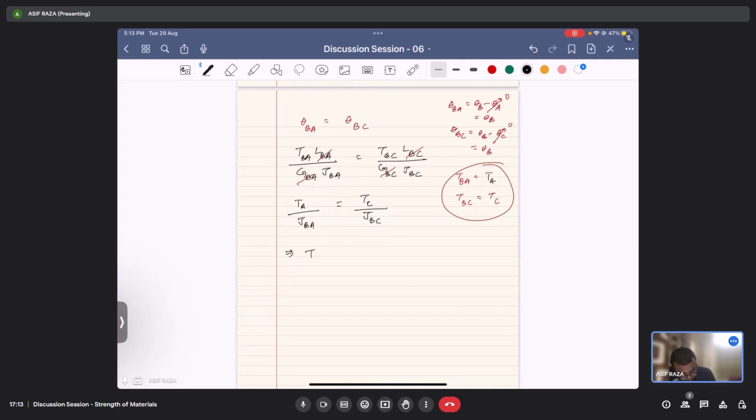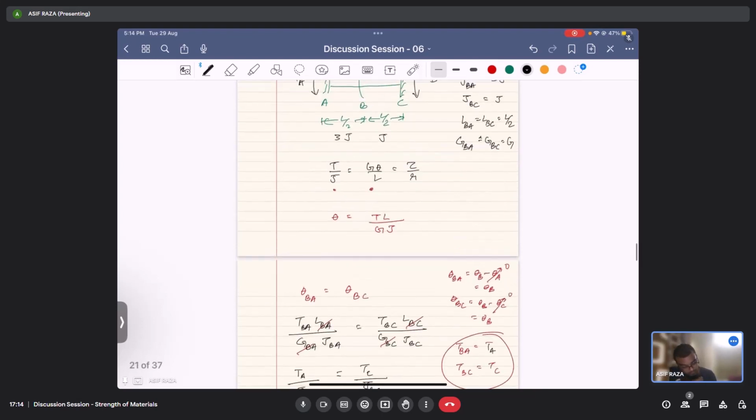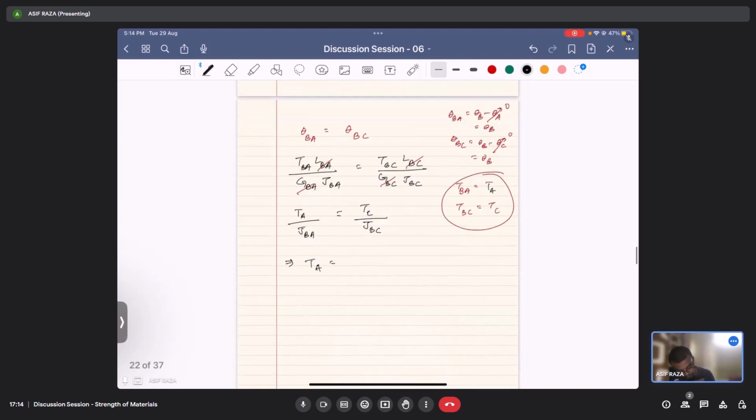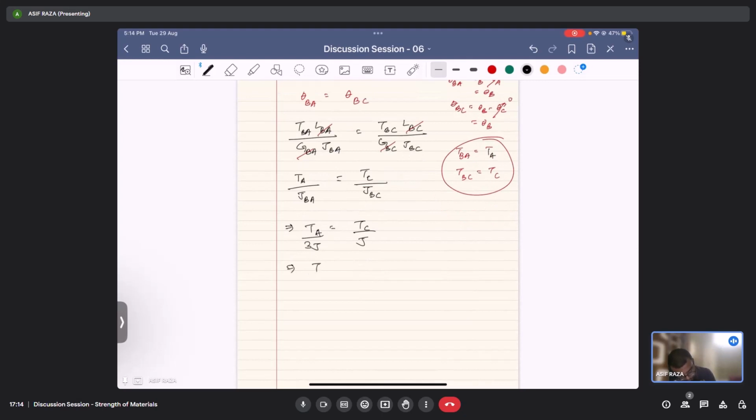So TA would be equal to TC JBA by JBC, that is 3J by J. So this gives me TA equal to 3 TC.